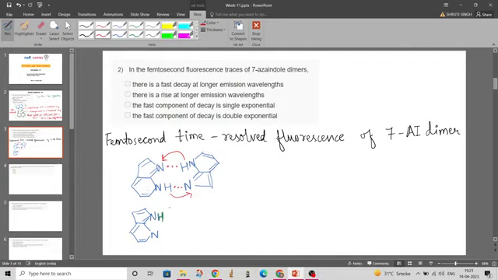And this will have the hydrogen bonding, okay.